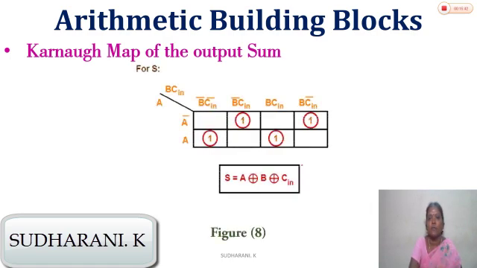Here also we have 4 ones as we have seen in the truth table, but since there is no possibility of forming a pair, we have to consider the ones as it is, and the Boolean expression is A exclusive or B exclusive or C in.